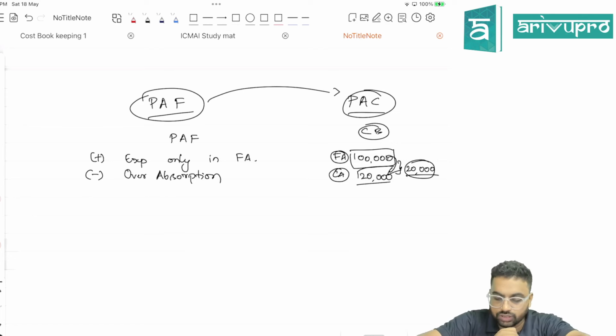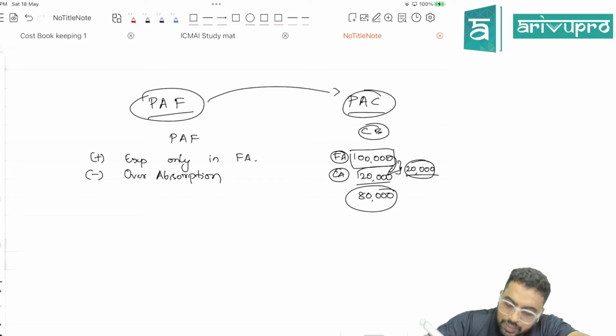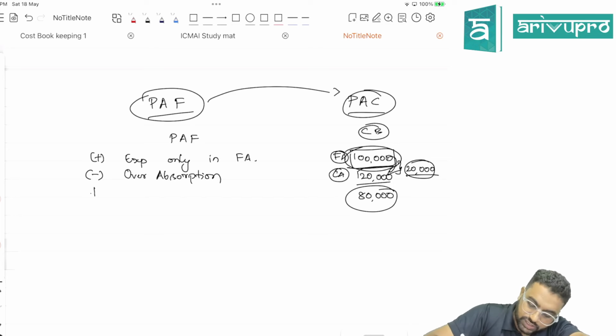Done, sir. Done. Sir, what if it's under absorption, sir? In the costing, we recorded an expense as 80,000. In the financial, we recorded it as 1 lakh. In financial, you showed 1 lakh expense, because of which 20,000 compared to costing is less. The answer is yes. Add back. That is, add under absorption.